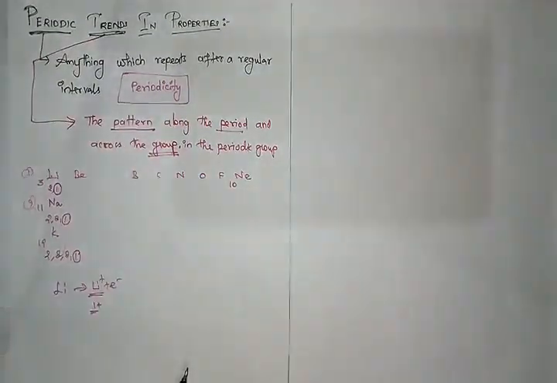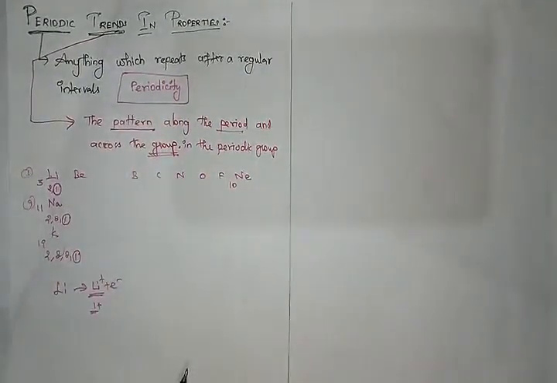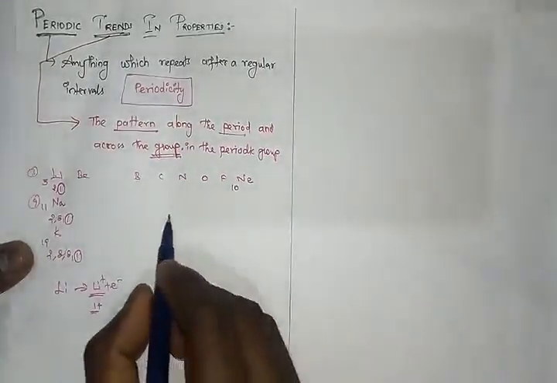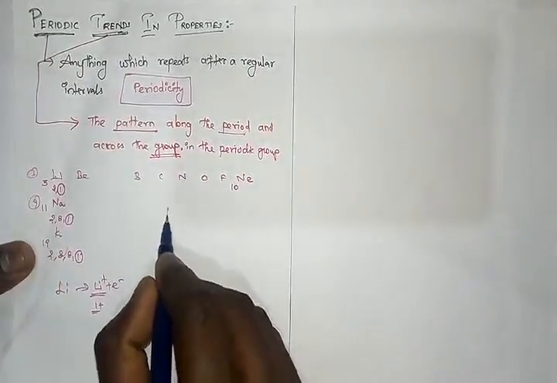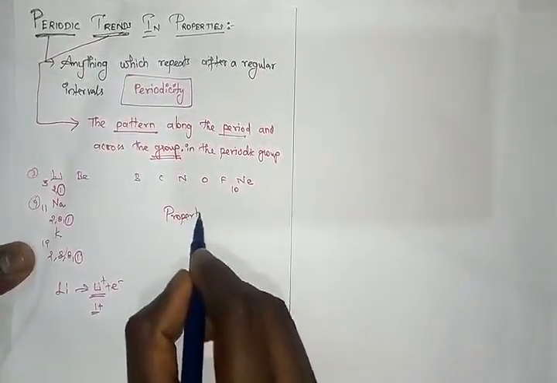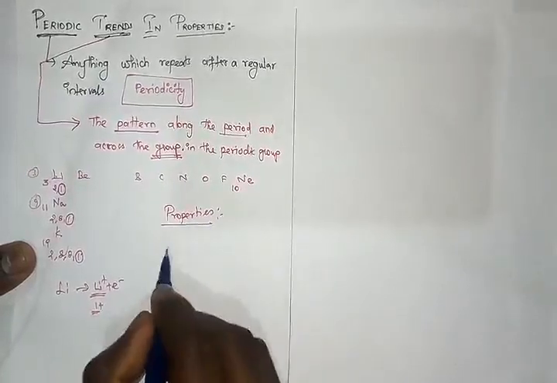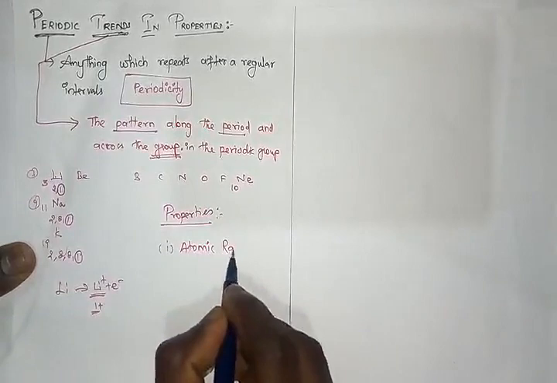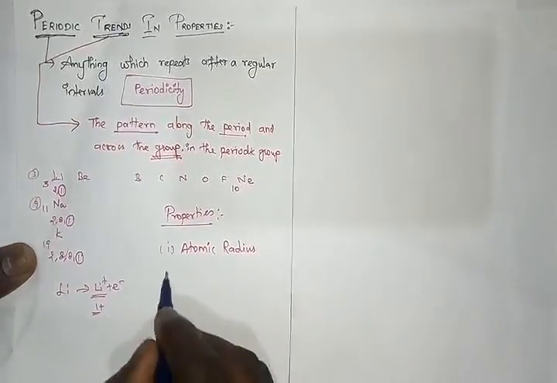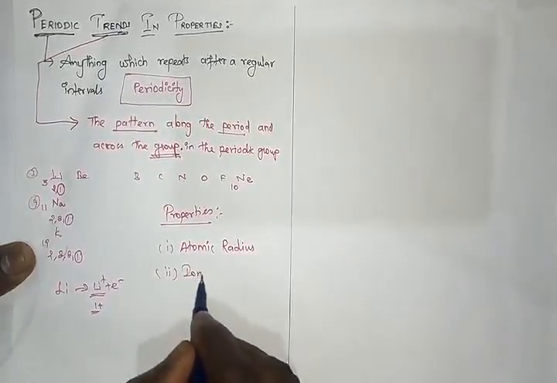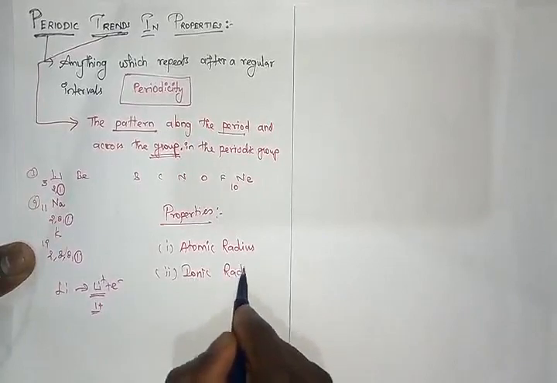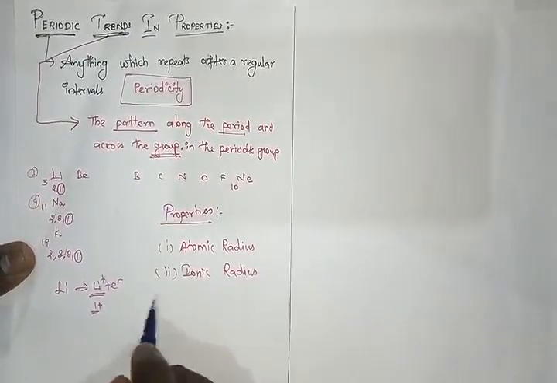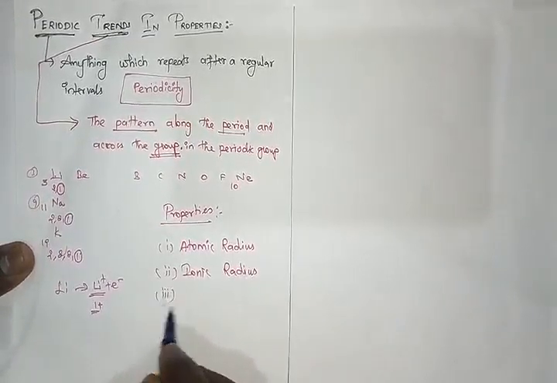Now let us go to the next one, that is what are the properties we are going to discuss in this. The properties of an element we are going to discuss: the first one, atomic radius. The next one, ionic radius. The next one, ionization energy.